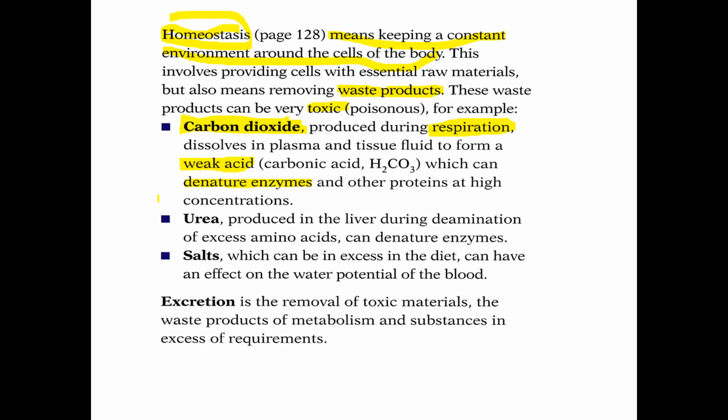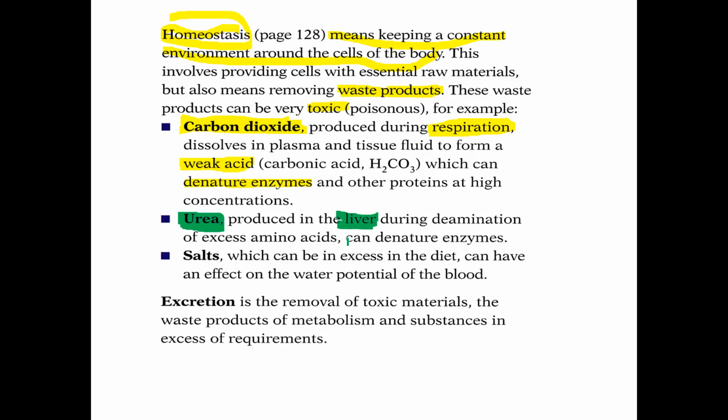Then, number two, the second type of waste product, the second type of toxic material, which is urea. What do you think? Where can we find urea, or how does our body make urea? Urea is produced in the liver. During what? During deamination of excess amino acids.